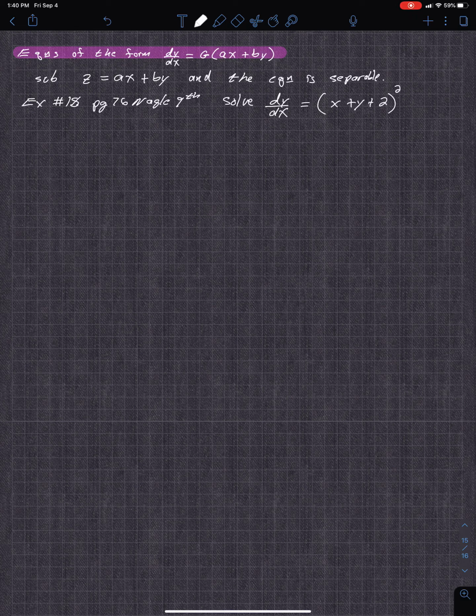So that's your basic form with your coefficients and your variables. And so we can let z equal x plus y plus 2. And then you want to calculate dz/dx.